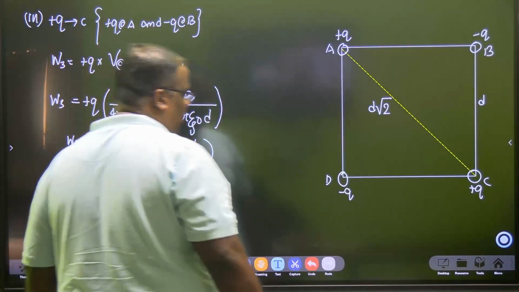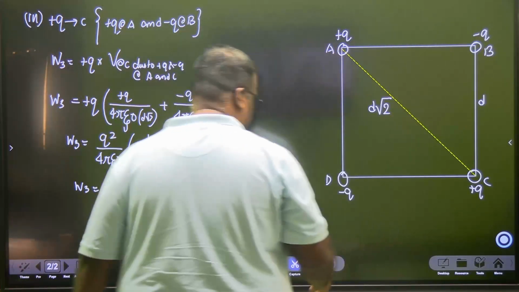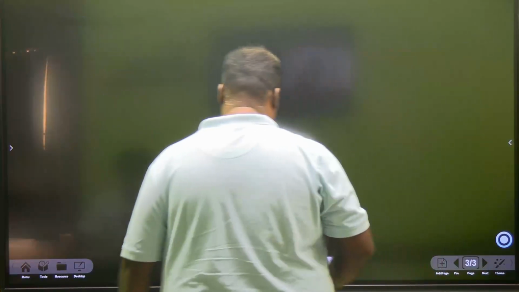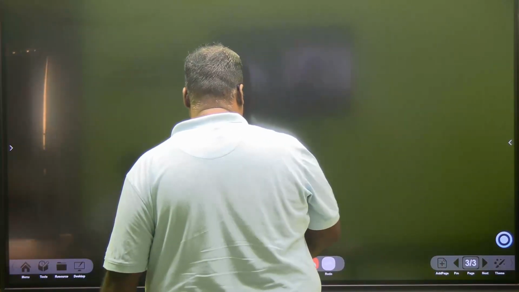Now we will bring our fourth charge. So let's bring our fourth charge.